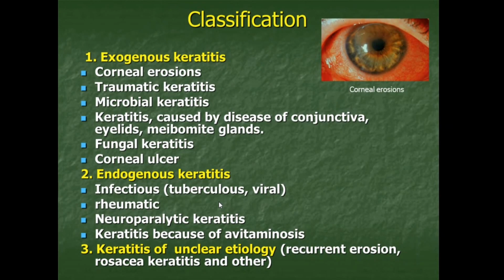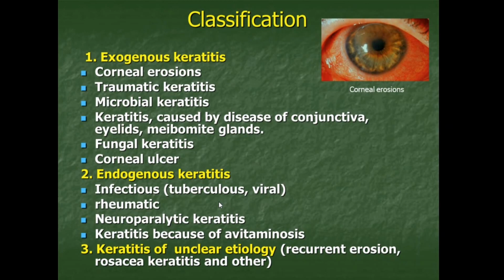Exogenous keratitis is when a bacterial agent or other agent comes to the eye from outside. And endogenous keratitis is a situation when a pathological agent comes to the eye from the patient's body.